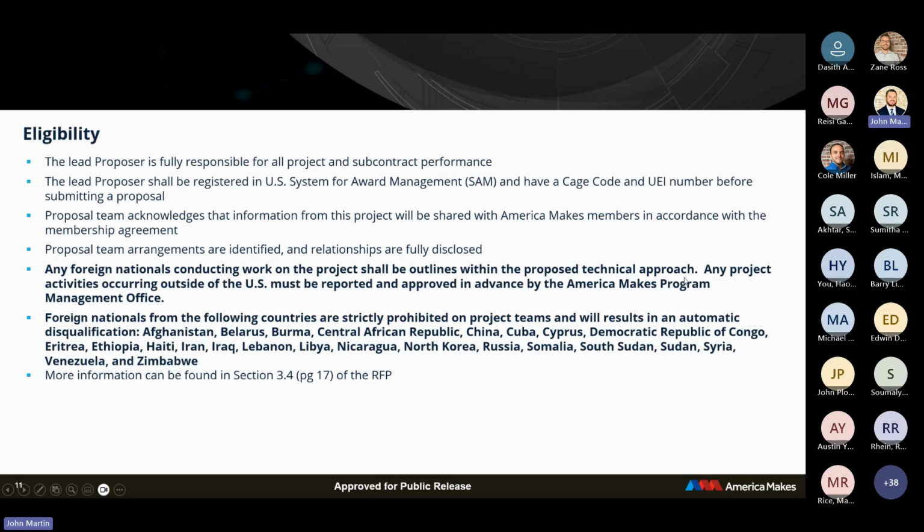So the main thing is you want to make sure that you clearly communicate any foreign nationals that are going to be doing work on this project as soon as you can. That has to all be run through DOD, and they have to verify and check that all that's going to be okay. And the sooner the better that we know about that. And then a list of countries that are restricted from working on this project.